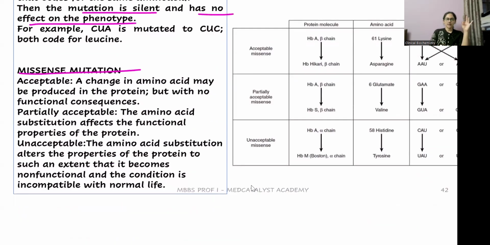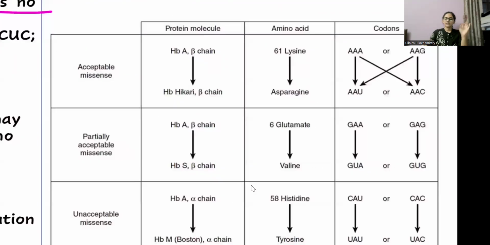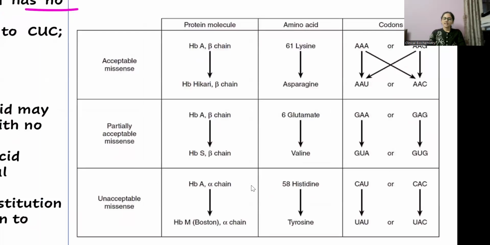Missense mutation, again, you have 3 types: acceptable, partially acceptable, and unacceptable. Okay, acceptable, with the help of examples, we will see. Here, AUA is getting converted to AAU. Again, a point mutation is what has happened here. But the amino acid is different here, not as in the case of sickle cell. Here, the amino acid is going to be different.